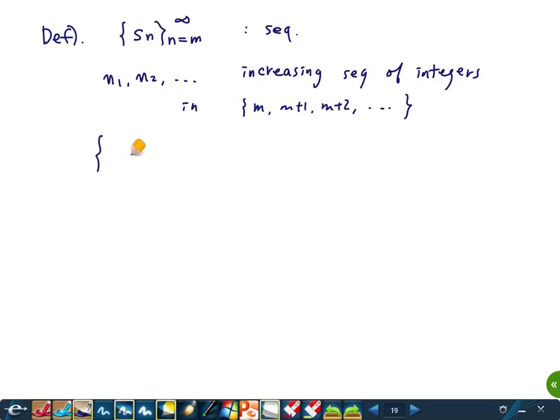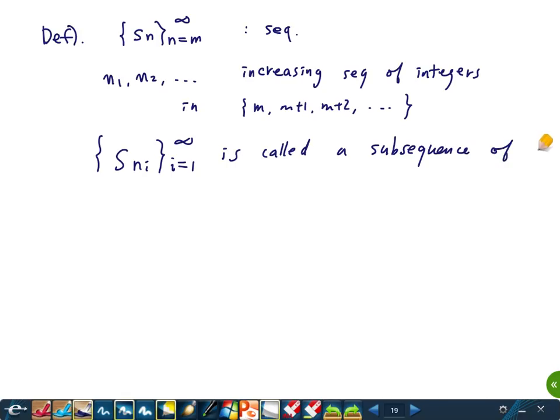Then you just select those whose indices are taken from here. S_{n_i}, i from 1 to infinity, this is called a subsequence of S. In other words, this is a kind of difficult way of defining it, but the meaning is quite simple.